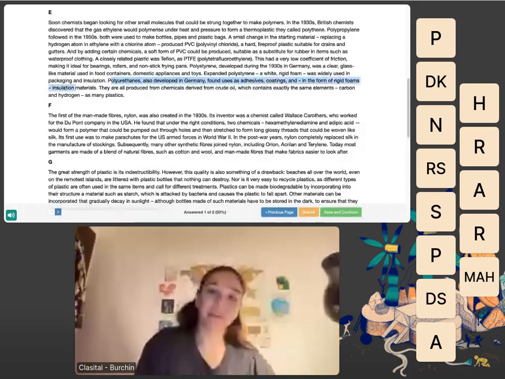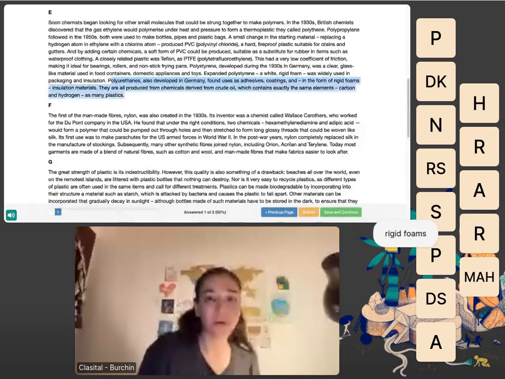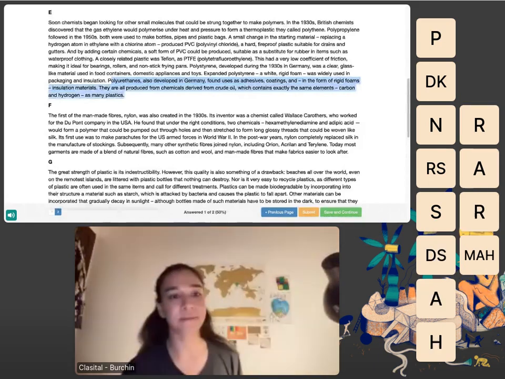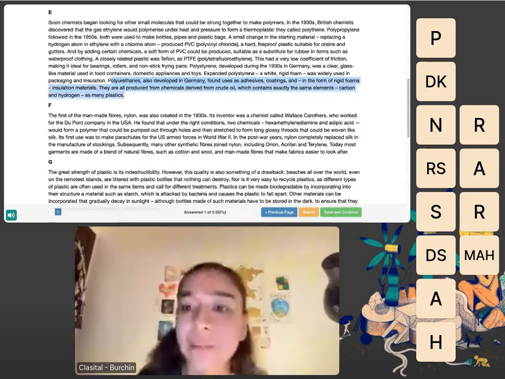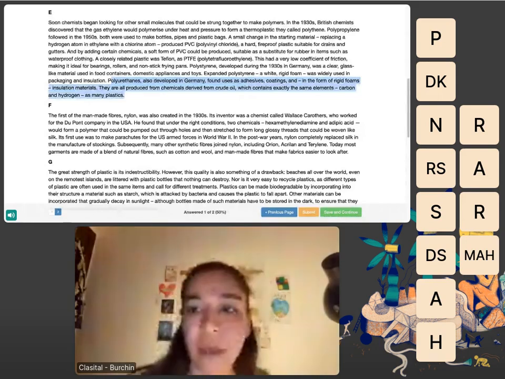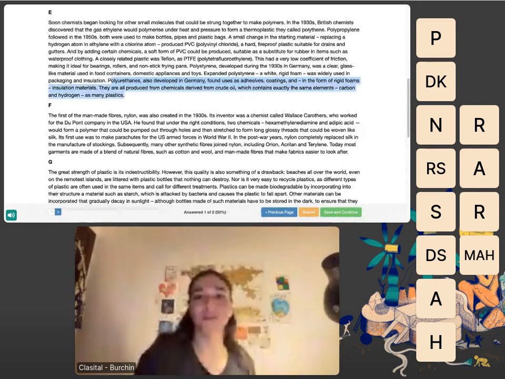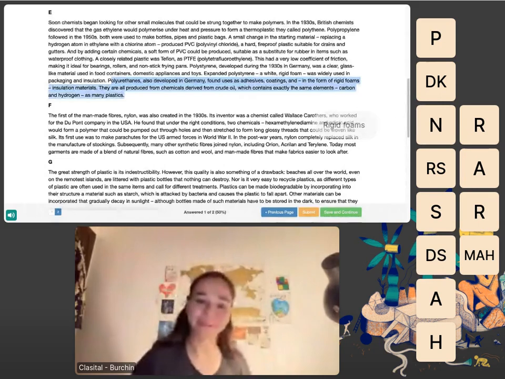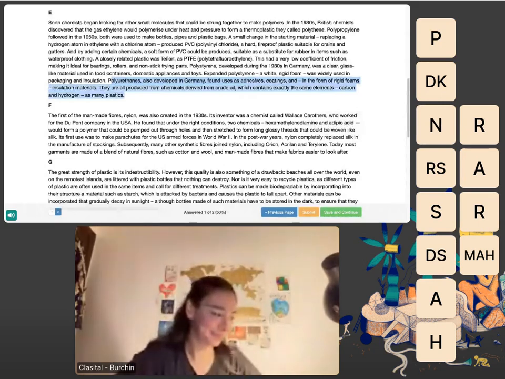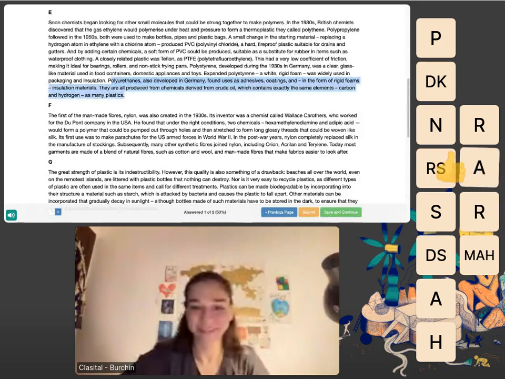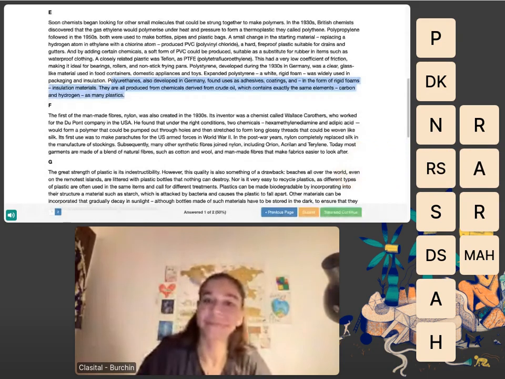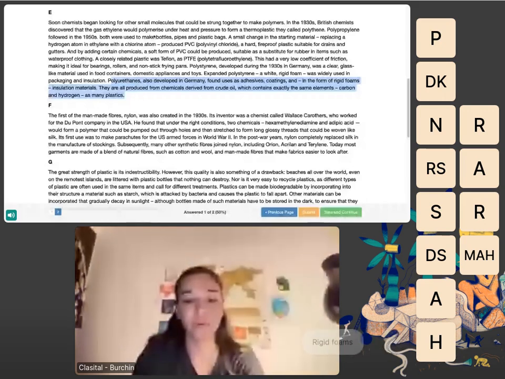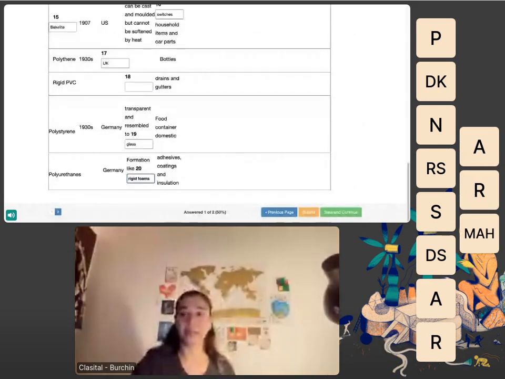They are all produced from chemicals derived from crude oil, exactly the same elements, carbon and hydrogen, as many plastics, in the form of rigid foams. Very good. Nice. Rigid foams.